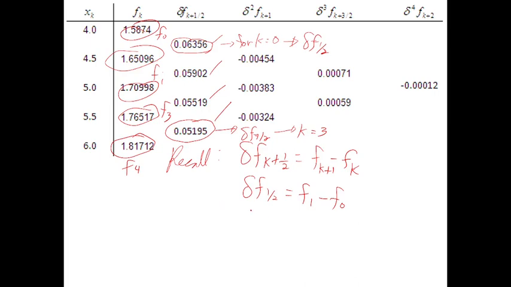So delta f with 3 plus 1 half, that is 7 over 2, equals f sub 4 minus f sub 3, which equals this value, delta f sub 7 over 2.